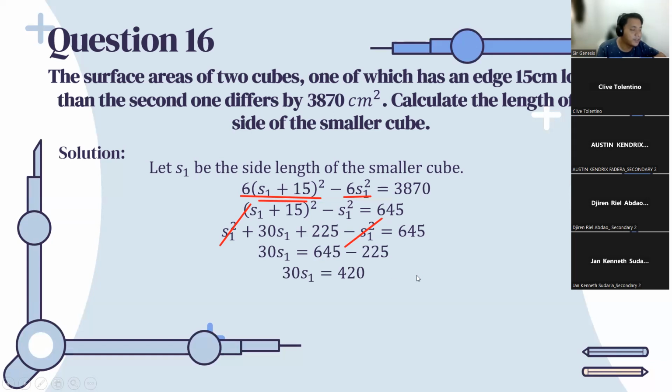Dividing both sides by 30 will give us s sub 1 equal to 14. So the answer for 16 is just 14. The side length of the smaller cube is 14, while the other one will have 14 plus 15, which is 29. Okay. So that's it for 16.